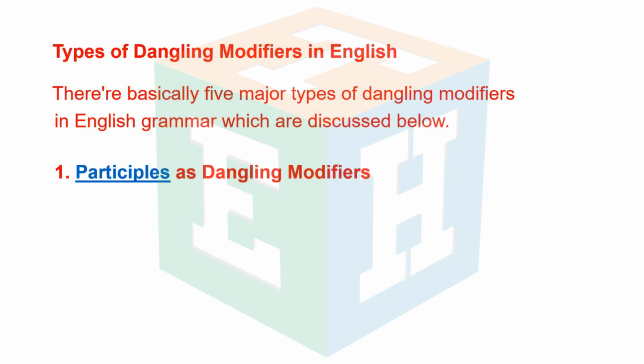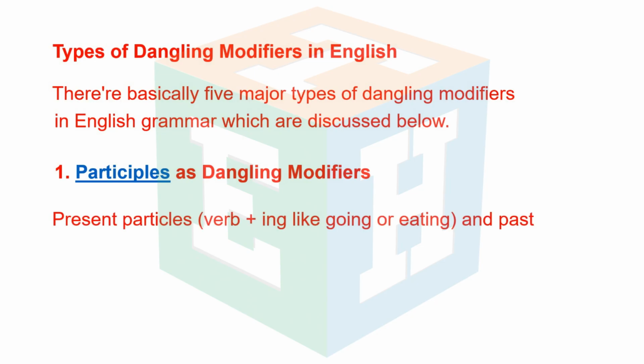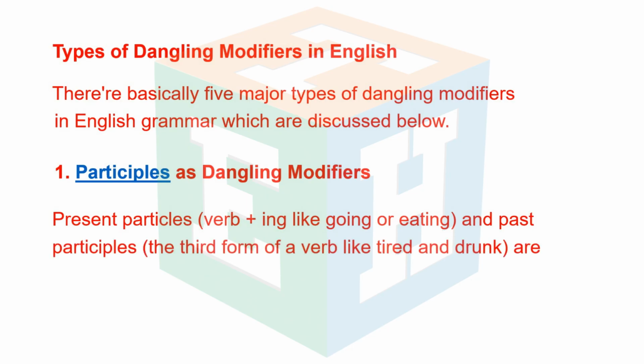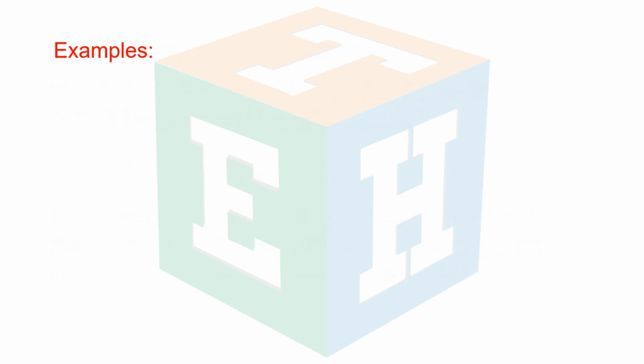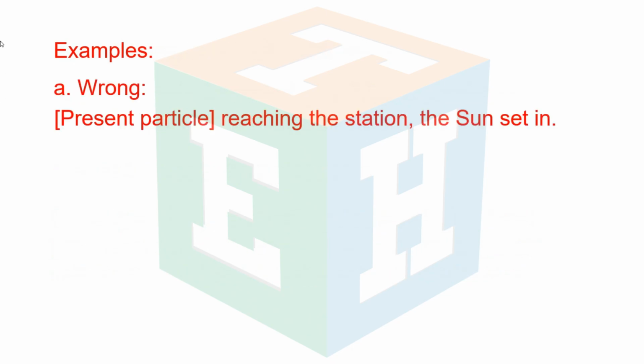1. Participles as dangling modifiers. Present participles, verb plus ing like going or eating, and past participles, the third form of a verb like tired and drunk, are sometimes used as dangling modifiers, which is incorrect. Examples: A. This is wrong.